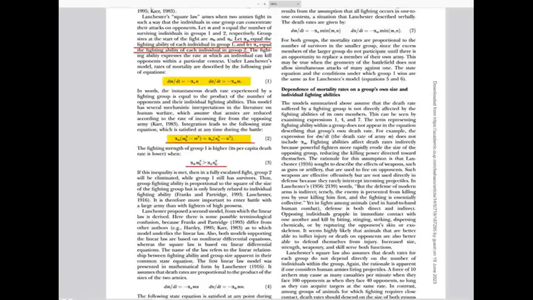We're not going to be talking about the square law per se right now, but if you look attentively at the coefficients they introduce, alpha subscript M and alpha subscript N, they equal the fighting ability of each individual in group 1 and in group 2. Obviously we have two groups fighting each other.